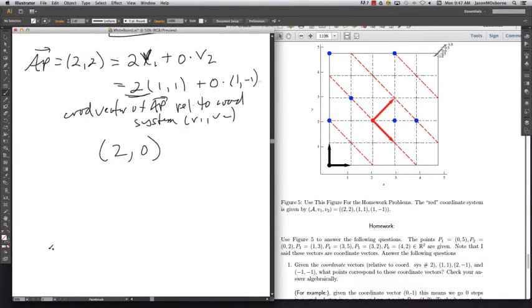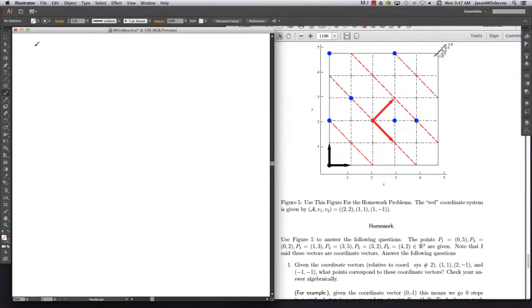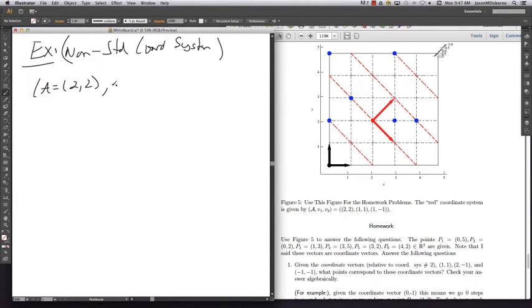Okay, let's do one more example in a non-standard coordinate system. So here we have our same non-standard coordinate system. We have the point A, our origin is 2, 2, and our first leg of our coordinate system is 1, 1, and our second leg of our coordinate system is 1, negative 1.